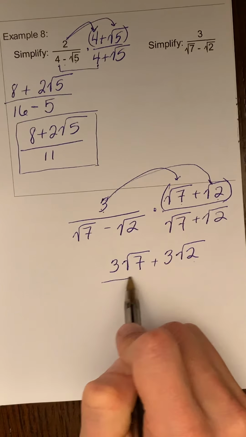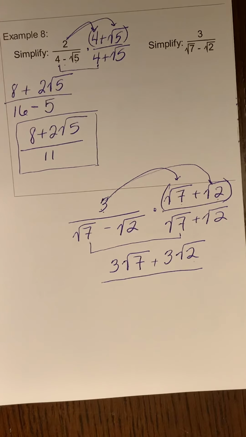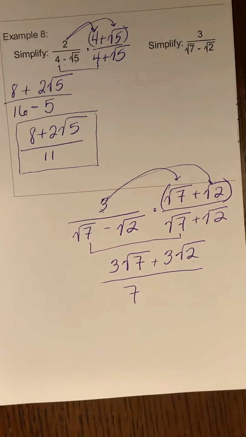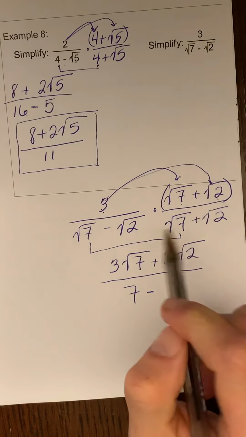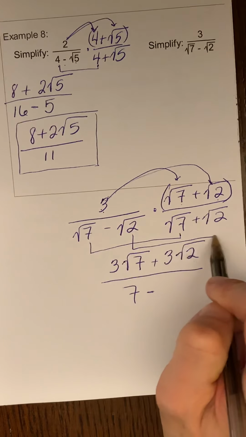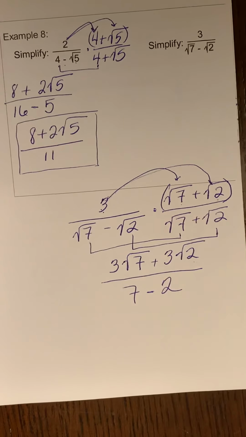So all of this is divided by the square root of 7 times the square root of 7. Square root of 49, which is just regular old 7. Minus symbol stays because you have a negative times a positive. Square root of 2 times the square root of 2 is the square root of 4. Square root of 4 is 2.